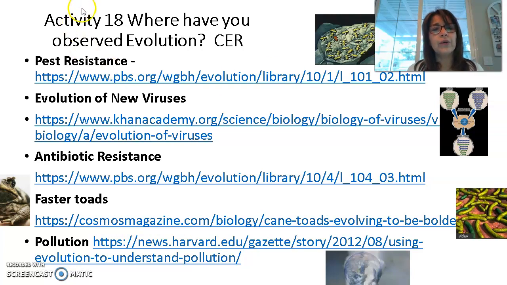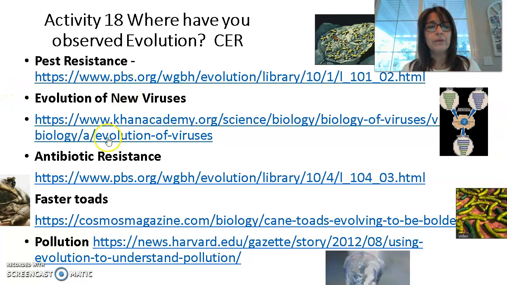Okay, so right here you're saying activity 18 is when you're doing your CER, and it's going to give you, you're going to read all these inside your book, because you're going to read and annotate, right? And then you're going to pick one of them. All right, now you have a little bit of information inside your book, but I went ahead and went online and found some really cool websites where you could get a little bit more juicy information.